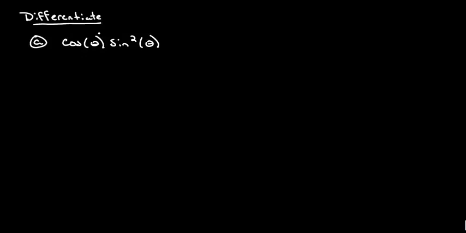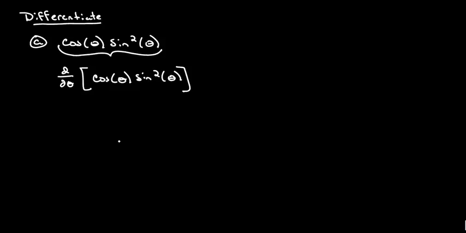So here's what we've got. When we take the derivative of this, we write it like this: d theta of the function. Now what we're going to do is use our product rule.